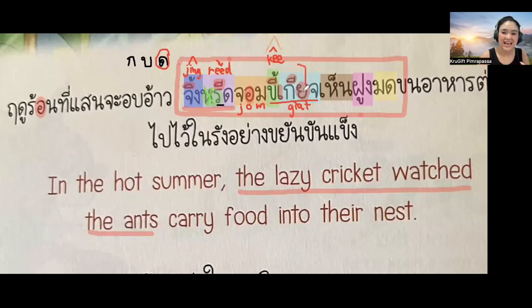Ki giad means lazy. The cricket, which is super lazy. It's a lazy cricket. So this means จิ้งหรีดจอมขี้เกียจ, the lazy cricket.